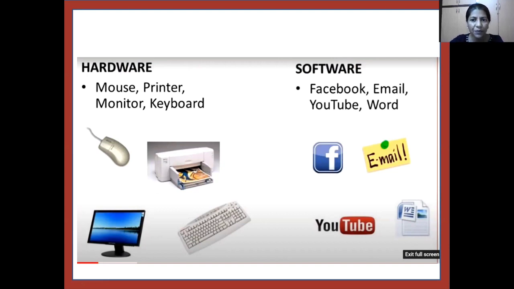Can we see these programs, where these programs are kept in the CPU? Can you open the CPU and can you see where it is kept? No, you cannot see. So these programs are the softwares. Softwares are the set of programs which we cannot touch and we cannot see. Only we can use these softwares.